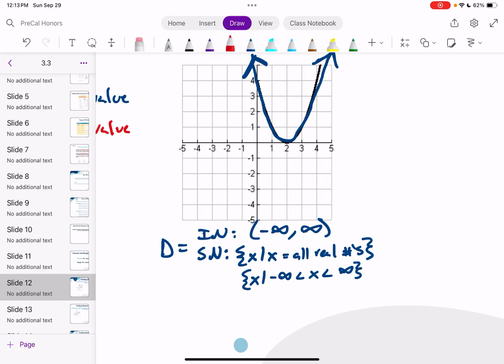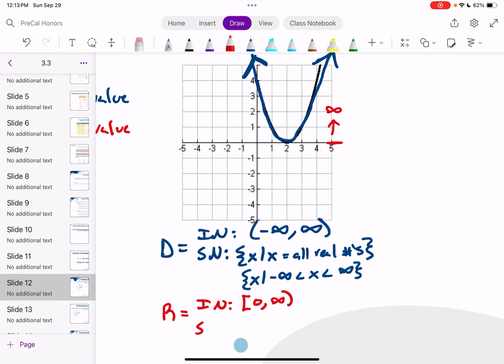Let's go ahead and take a look at range. In our range, once again, we'll start off with interval notation. In this case, we're going from the lowest spot on our graph, which would be at the 0 mark, and we are increasing to positive infinity. So in interval notation, we use a bracket on the 0, and it is going to positive infinity.